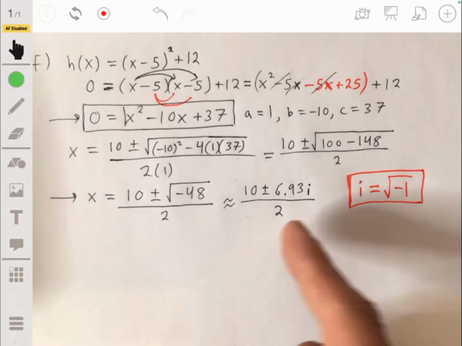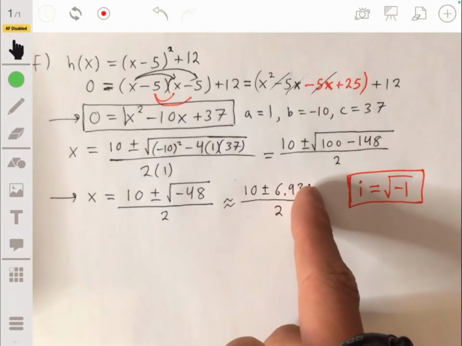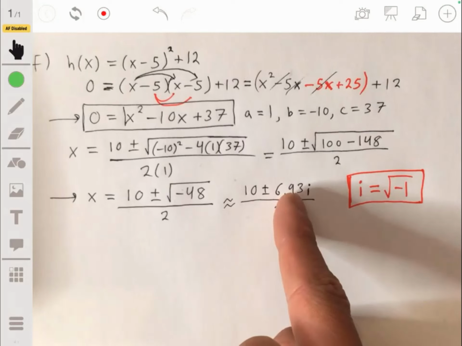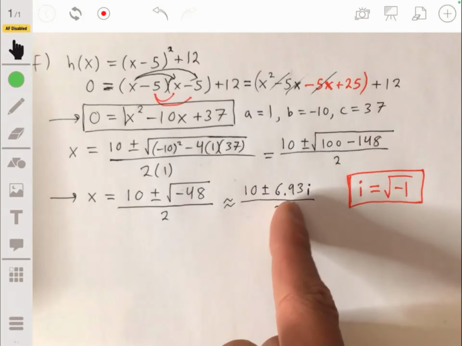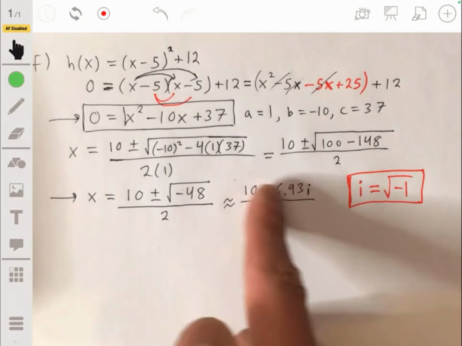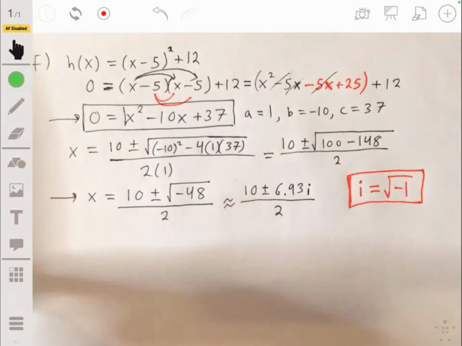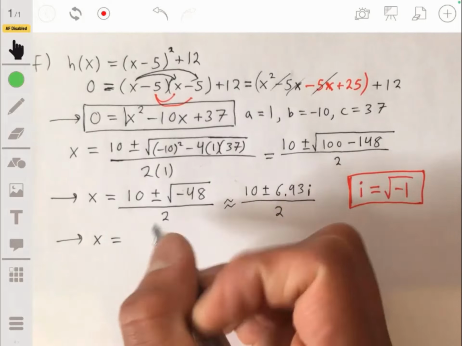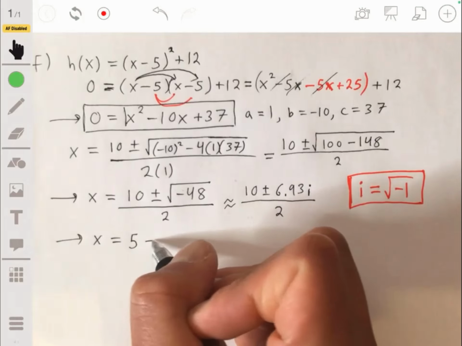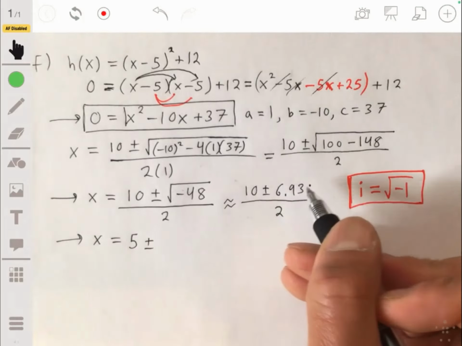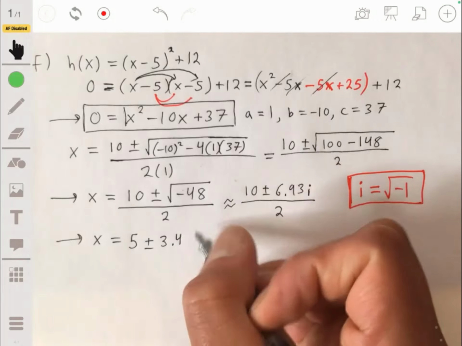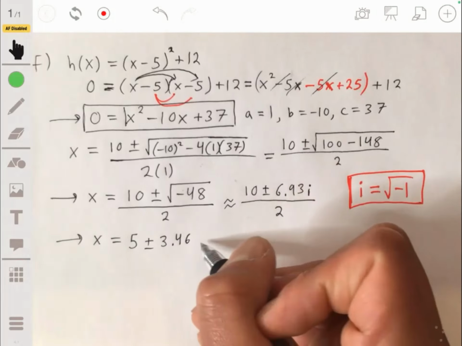And then your two answers are just going to be when you add 6.93i, and the other one's going to be when you subtract 6.93i. And you can divide. Let's simplify. Let's divide these both by 2. So then we're going to get x is equal to 5 plus or minus, dividing 6.93 by 2, we'll get about 3.46i.